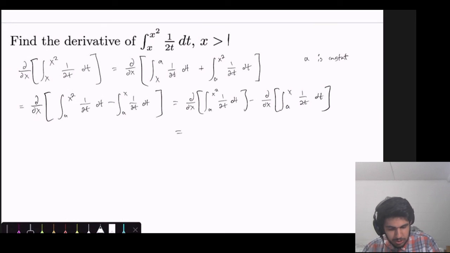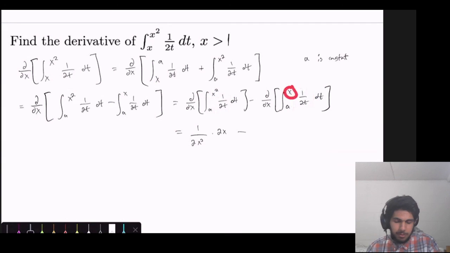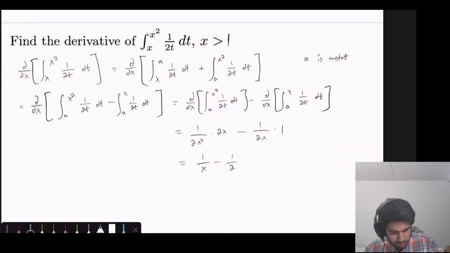This will be equal to this function evaluated at x squared times the derivative of that, so 1 over 2 times x squared times 2x, minus 1 over 2t evaluated at x times the derivative of x, so 1 over 2x times 1. This is equal to 1 over x minus 1 over 2x. And that should be our answer.